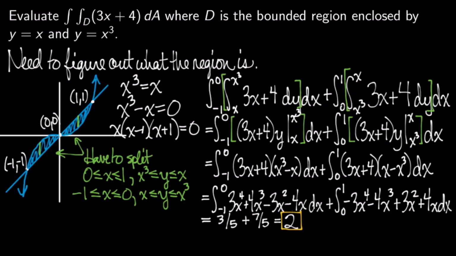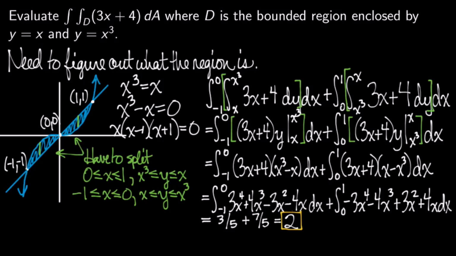And so here's where I give you a little warning. You see how these volumes are different? You might be tempted to think that because this region here is so symmetric that maybe you can cheat a little. Maybe you could take this integral and double it or something. But that's not true.